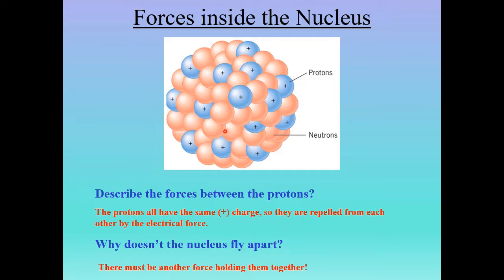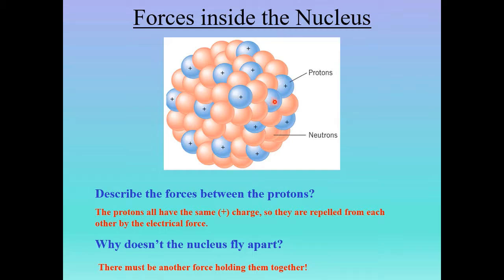Now, what about the forces between the protons? Protons are positively charged particles. In this nucleus we've got a bunch of protons that are extremely close together. The whole size of this thing is on the order of 10 to the minus 15 meters, which is 50,000 times smaller than an atom.